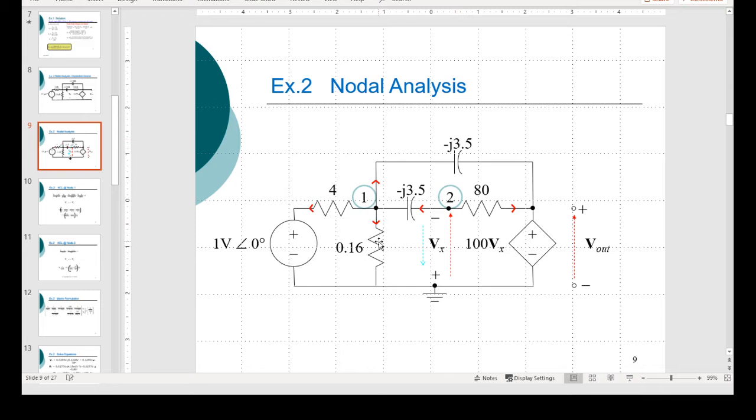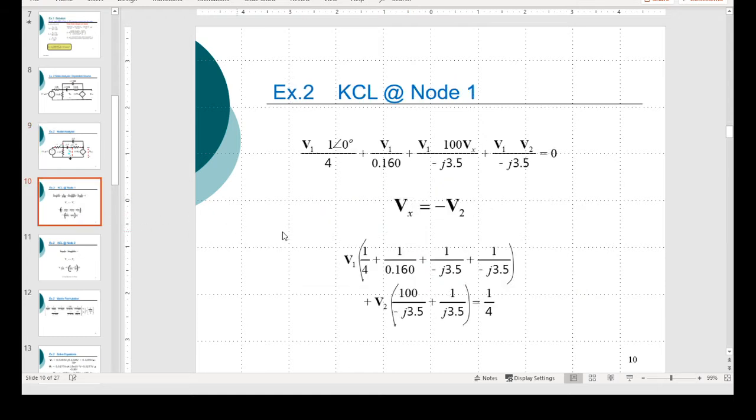And the current in this branch is simply V1 divided by 0.16. And in that branch, remember this is flowing in, so it would be V2 minus V1 divided by that branch. We put that all together, it gives you that expression.